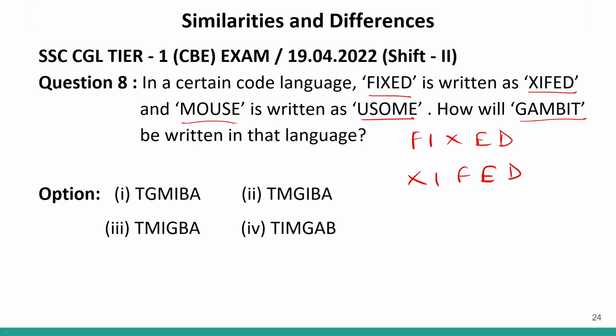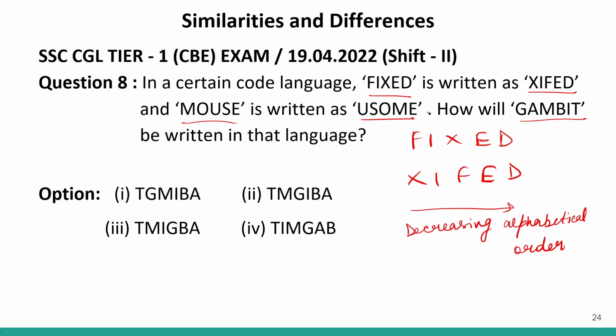Now, alphabetically, D comes before E comes before F, F comes before I, and I comes before X. So I can see this is decreasing alphabetical order, right? So this is decreasing alphabet order.